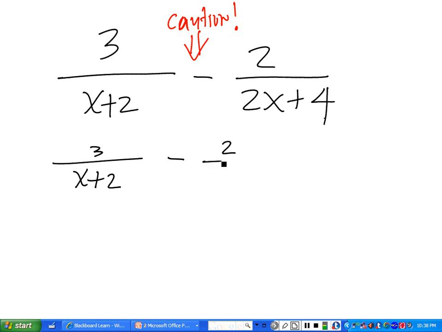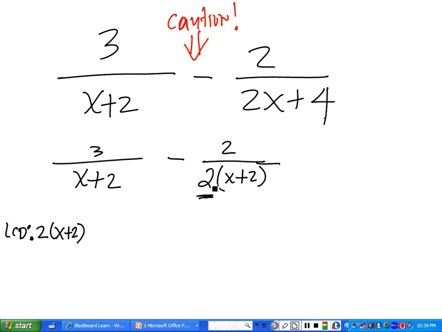The GCF is 2, so take a 2 out, and we have x plus 2. So what is the LCD? Well, it can't just be x plus 2, because there's a 2 showing up over here. So the LCD is not only x plus 2, but 2 times x plus 2. That's how we're going to get both of them to look alike.